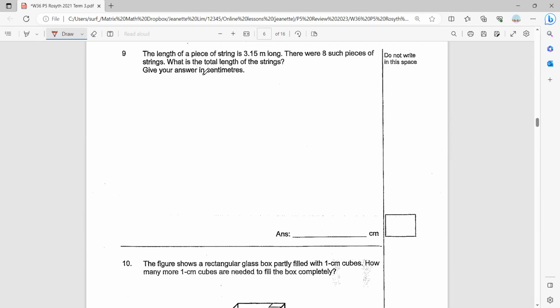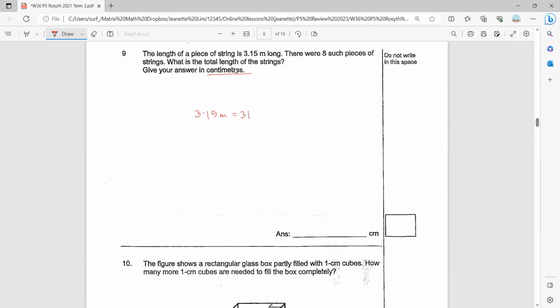Question 9, the length of a piece of string is 3.15 meters long. There are 8 such pieces. Find the total length. So since there are 8 pieces, right, we times 8. So this is in meters. Okay, since they say give in cm, let's convert all to cm first.